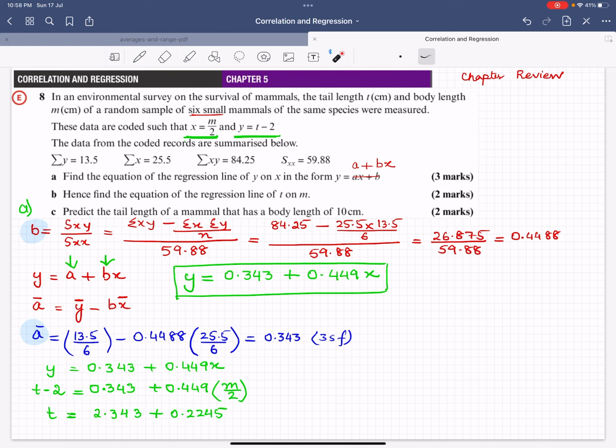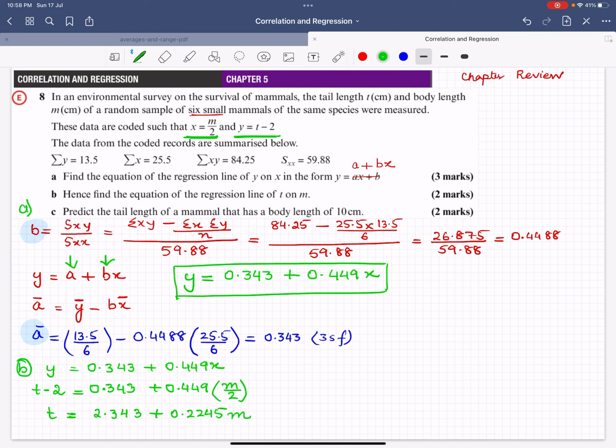First we divide 0.449 by 2, and that gives us 0.2245. Then in the next step, we bring the negative 2 to this side, and this adds to 0.343 and gives us 2.343. So that is the regression line of t on m. That is the answer for part B.